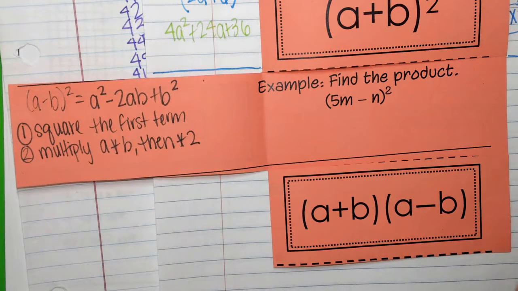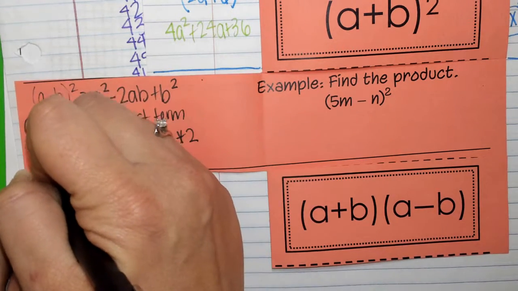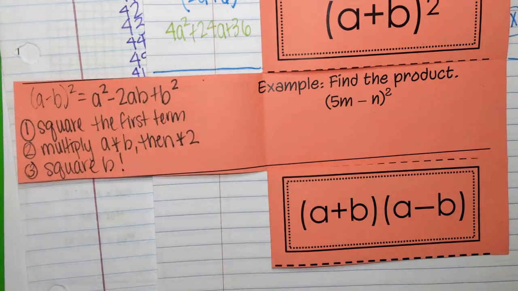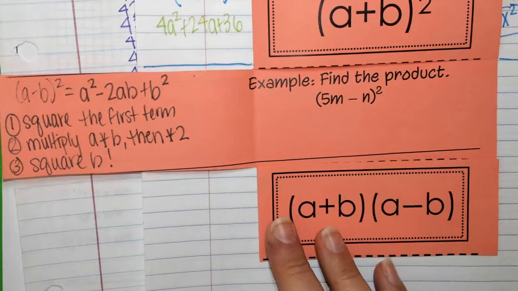I don't know how I'm going to contain myself. The last step is to square b. And then you're done. Crazy. I know. It's really just life changing.